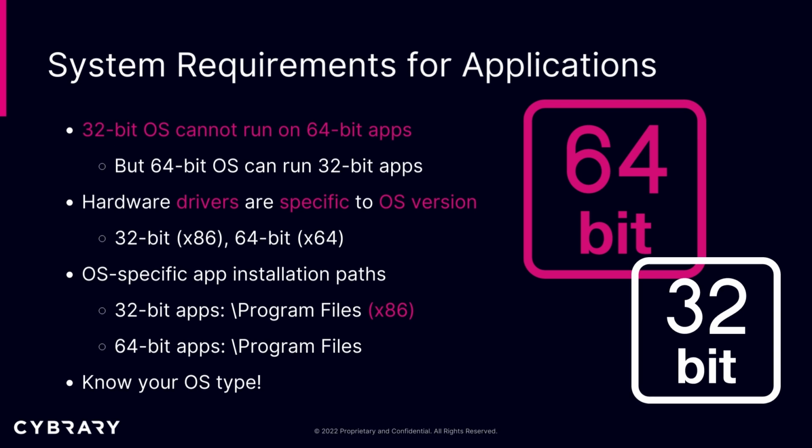They're specific to the type of OS version, whether it's 32-bit, or x86, or 64-bit, x64. Also, be aware of the operating system specific app installation paths. For 32-bit systems, it's in \Program Files (x86), whereas on 64-bit systems, it's \Program Files. So make sure you know your operating system types.